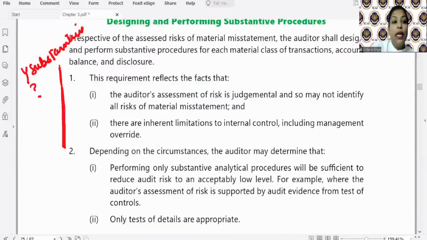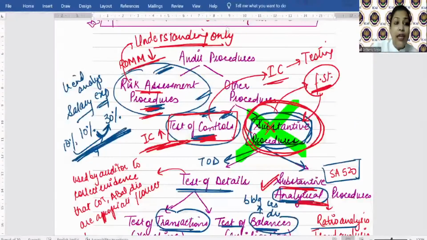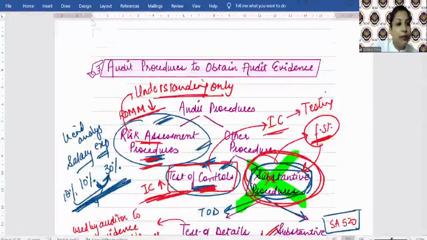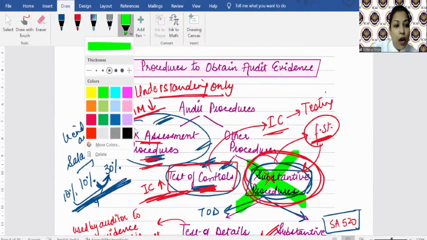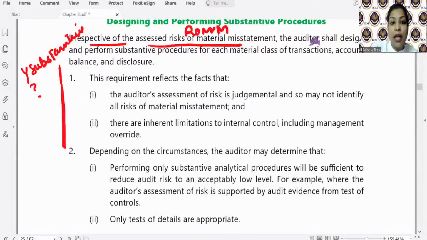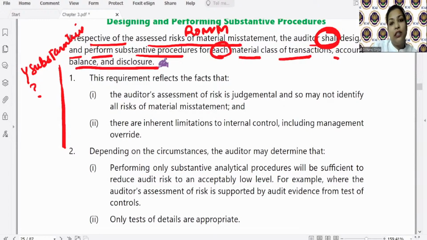Irrespective of the assessed risk of material misstatement, the auditor shall, the word shall is there, design and perform substantive procedures for each material class of transactions, account balances and disclosures.